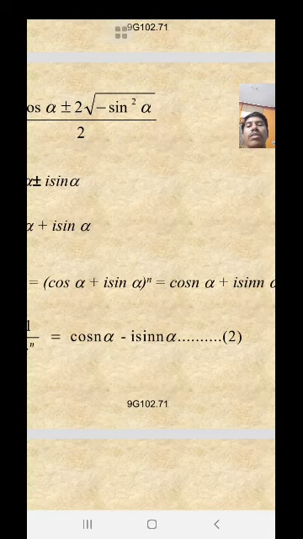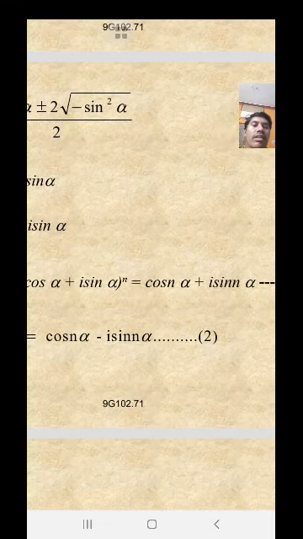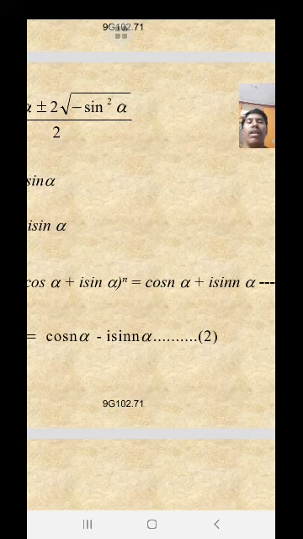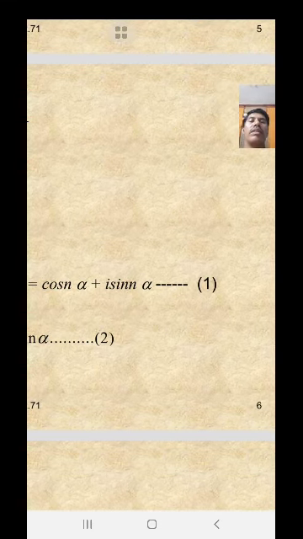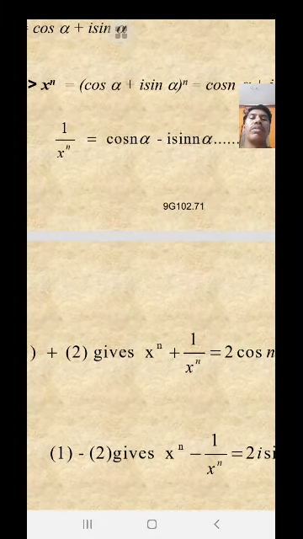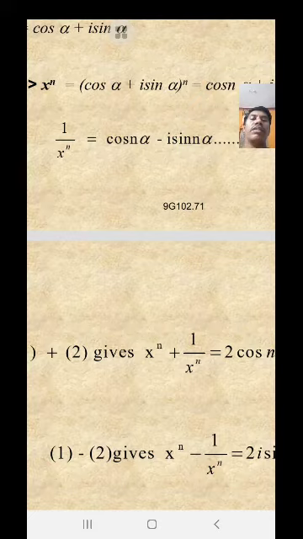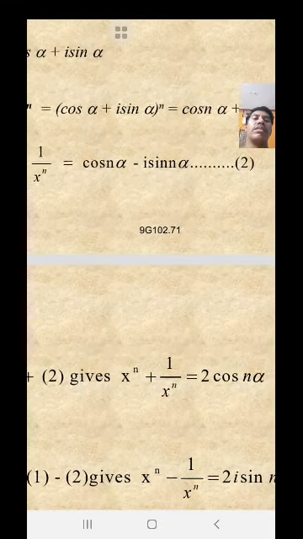Then by De Moivre's theorem, that equals cos n alpha plus i sine n alpha. That is considered as equation 1. Next, 1 by x power n equals cos n alpha minus i sine n alpha. Consider it equation number 2.